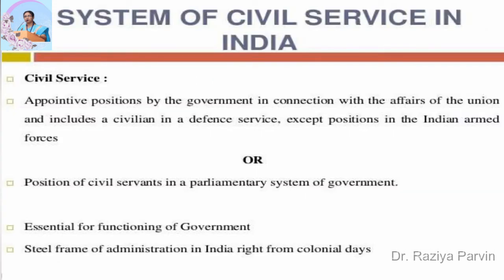The system of civil service in India comprises the appointive positions by the government in connection with the affairs of the Union, and includes civilians in the defense service except the positions in the Indian Armed Forces, or the positions of civil servants in a parliamentary system of government. This is essential for the functioning of the government, and has been the steel frame of administration in India right from the colonial days onwards.